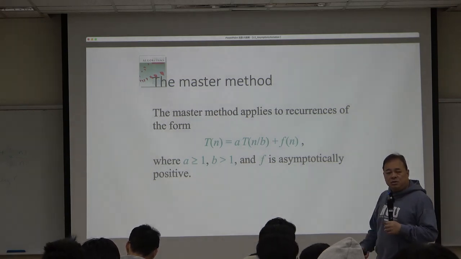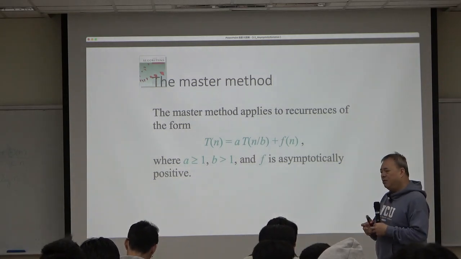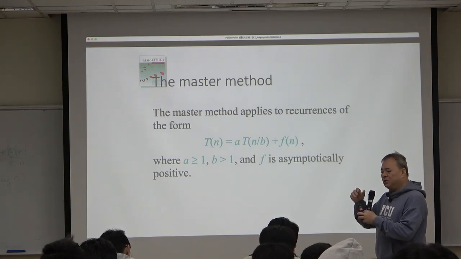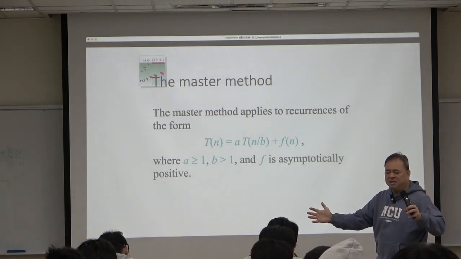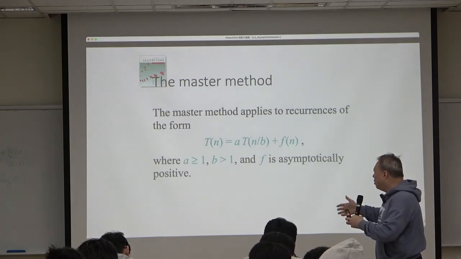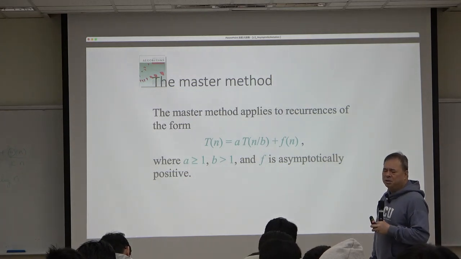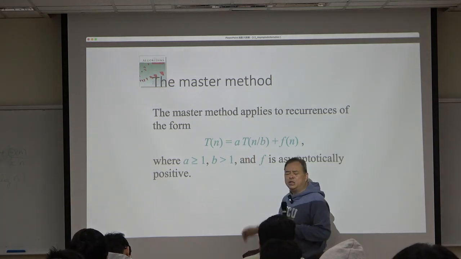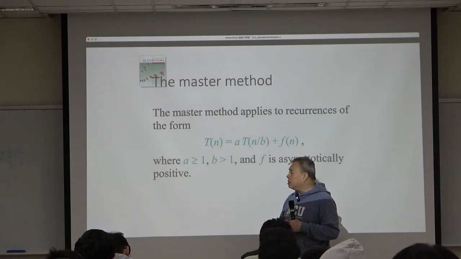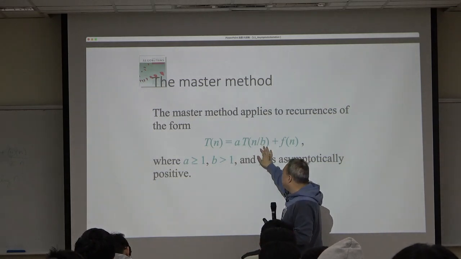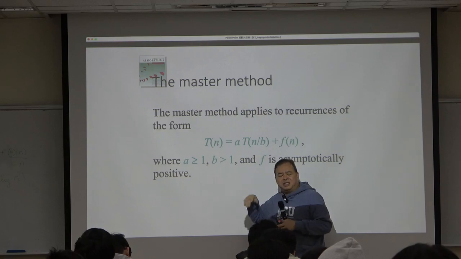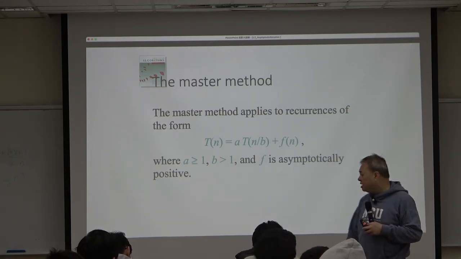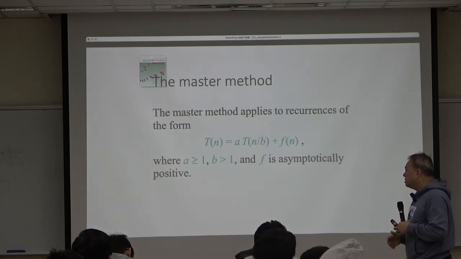And in some particular examples, even though the original problem size is n, you need to solve more smaller problems, so a could be greater than b. A and b are often the same, but sometimes a is bigger, sometimes smaller, depending on the problem, of course.